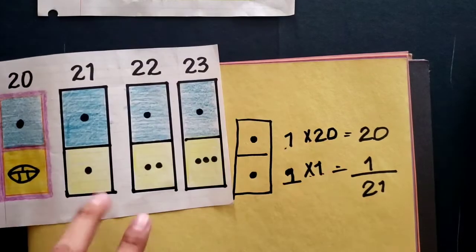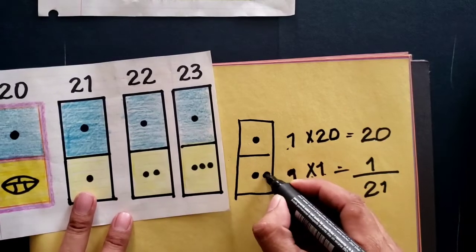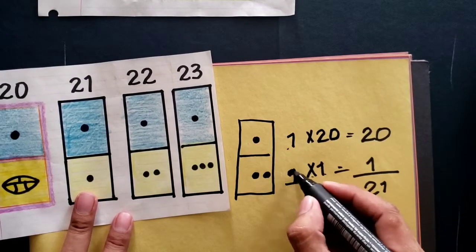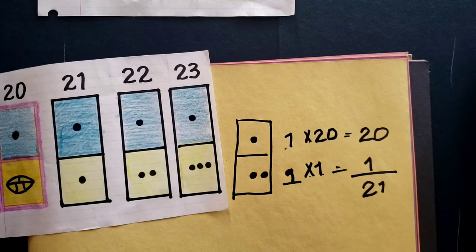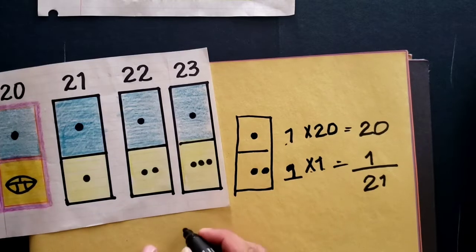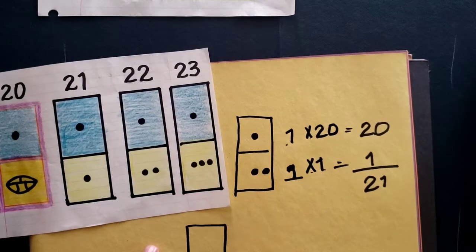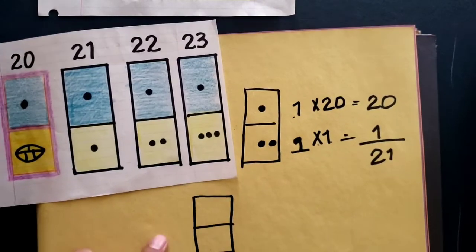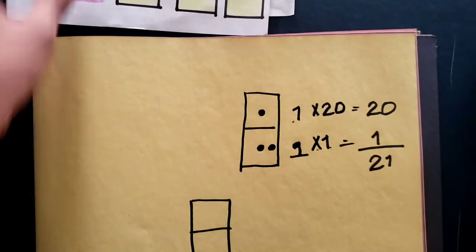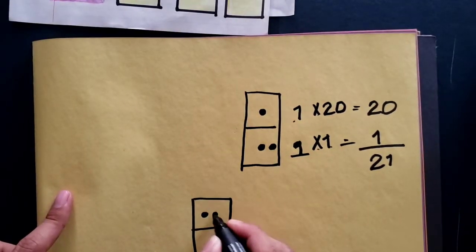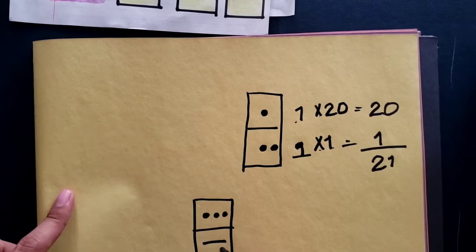For the 22, you just add a dot here, and instead of 1, it is 2. And because of that, it is 22. The same goes for the others. For instance, I'm going to write a random number, and then we are going to find out which number I wrote. I'm going to draw it like this.